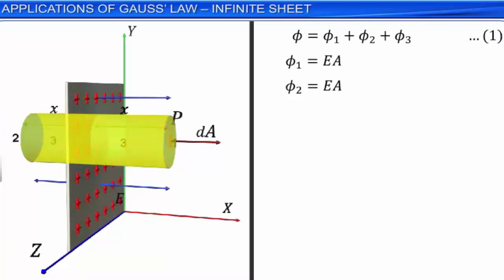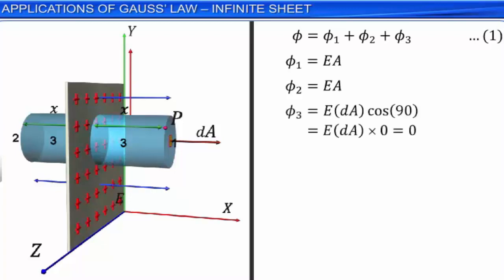At every point on the Gaussian cylinder, the electric field strength E and the outward normal to the surface, which represents the area vector, are perpendicular to each other. As the angle between the area vector and the direction of the electric field is 90 degrees, and as cos 90 degrees is 0, we have the flux phi 3 is equal to E dA cos 90, which is equal to 0.